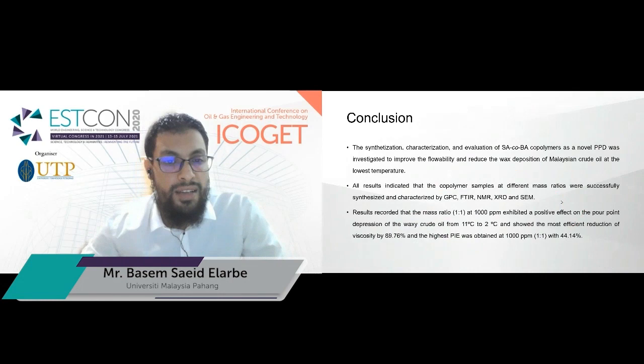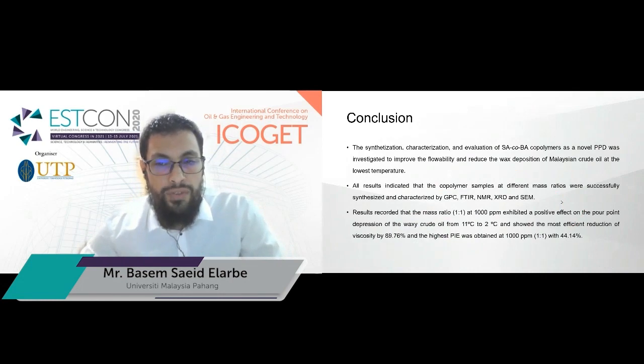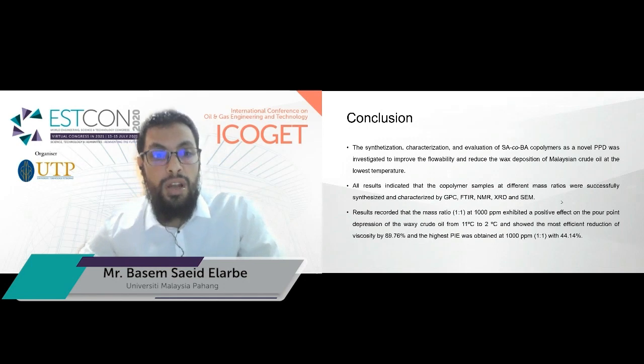Conclusion: the synthesis, characterization and evaluation of the copolymer as a novel pour point depressant was investigated to improve the flowability and reduce the wax deposition of Malaysian crude oil at the lowest temperature.